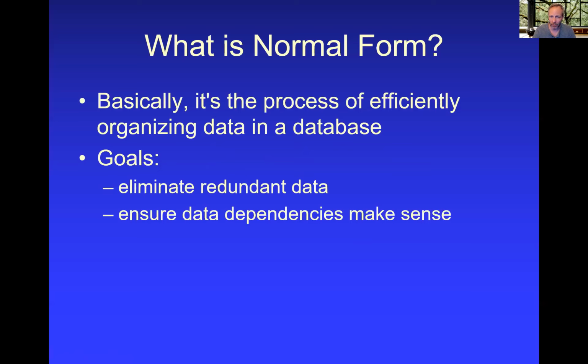We want to normalize all of our data. The goal is to make sure that the data in our database is really easy to process, to store, to ensure validation, so things that get into the database are exactly what they're supposed to be, and to make sure we're enforcing integrity rules, so things like a customer has to be in the database before they can buy something.